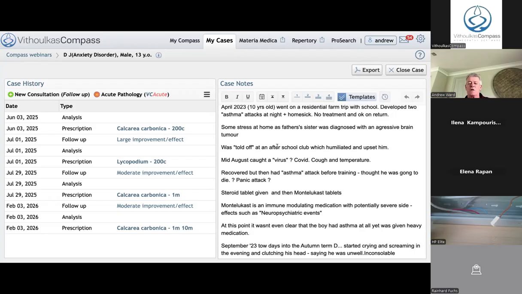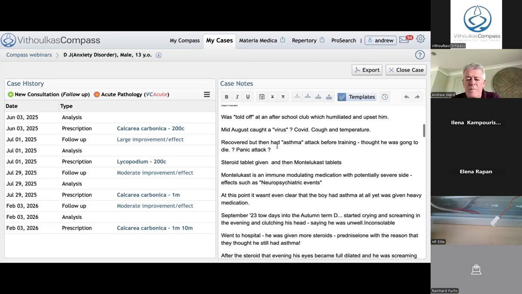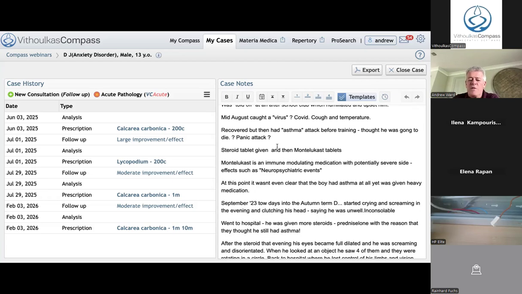And this is a drug given to suppress the immune system or to moderate it in severe eczemas and asthmas, allergic conditions, even though it's able to create serious problems. At this point, I've said it wasn't even clear that the boy had asthma at all, yet he was given this very heavy medication.